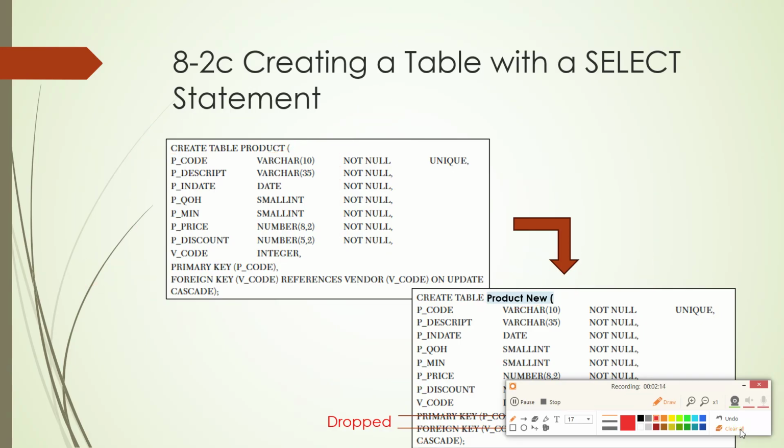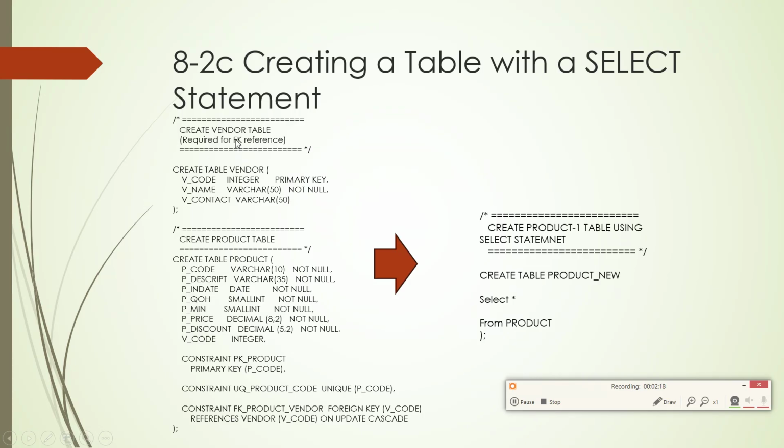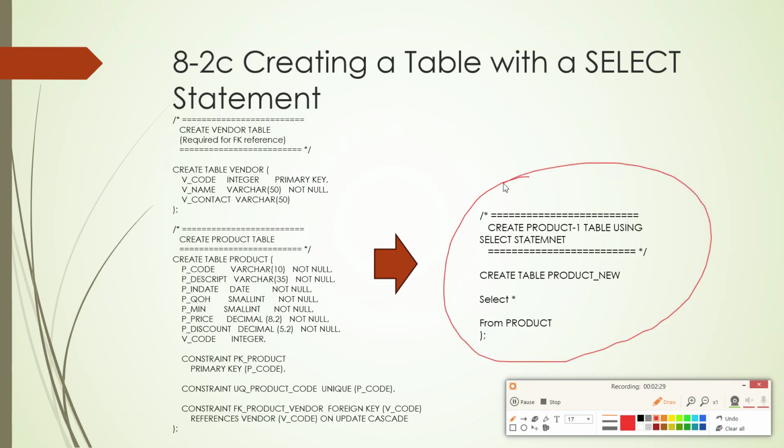So let's see it. I have created the script for creating the vendor and product table. I will just use it to create them, and then we'll be using the select statement to create the new table carrying all the characteristics of this table.